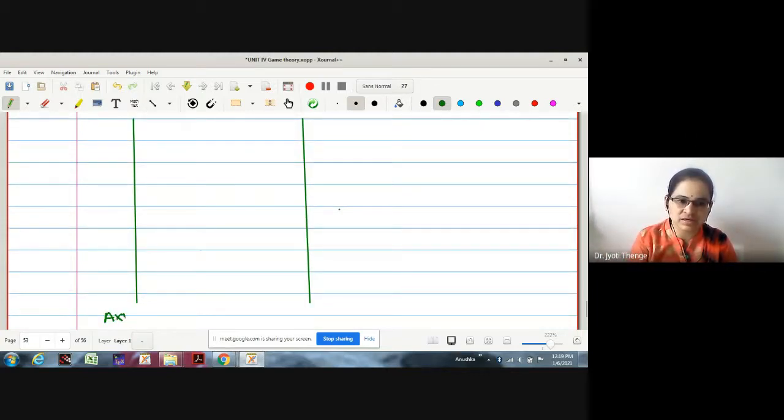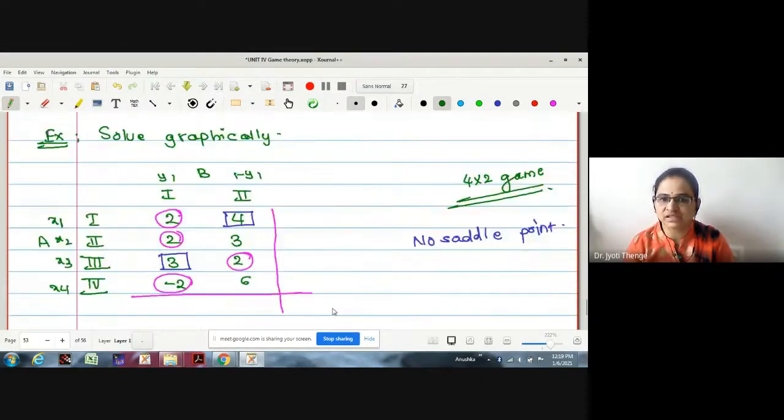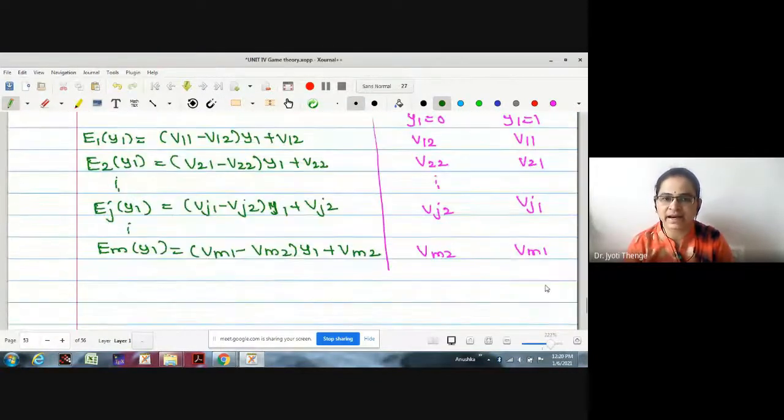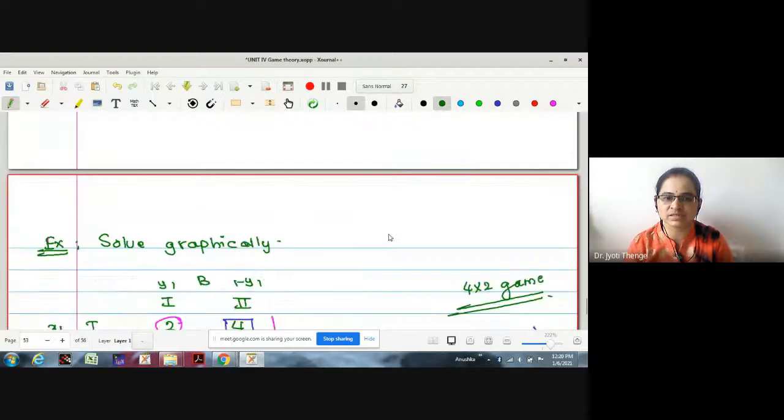Let me write this as axis 1, axis 2. Now let me check the entries. As we have discussed, we plot the first column on the second axis and the second column on the first axis.